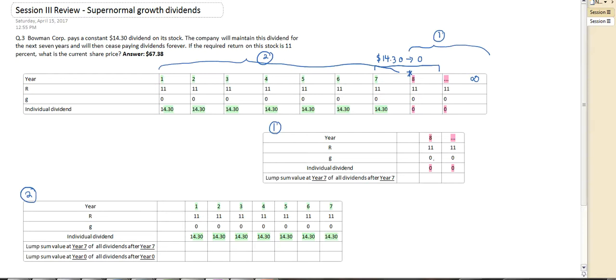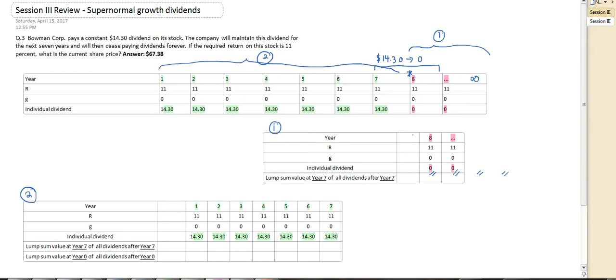So thereafter, the growth is 0% and the dividend is $0 as well. If we want to find the present value of all cash flow from year 8 until forever, we're dealing with $0 every year. So why bother with calculation, because the sum of 0 is basically 0.